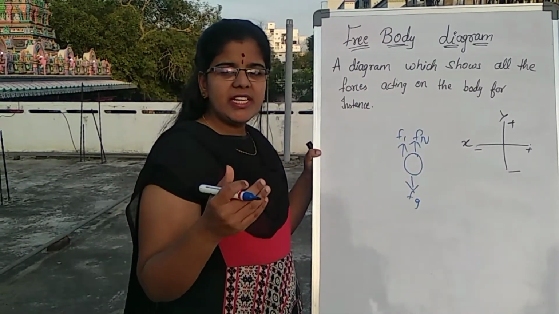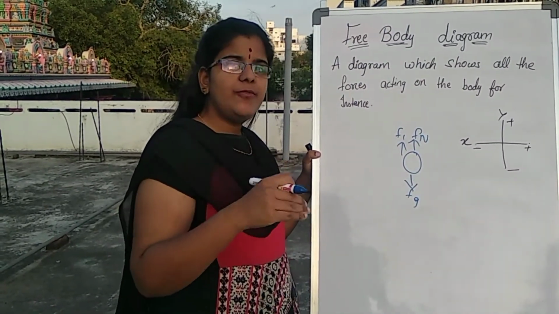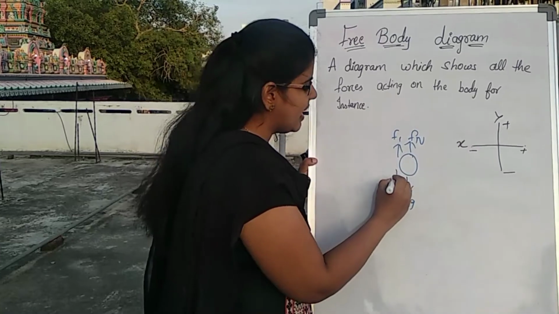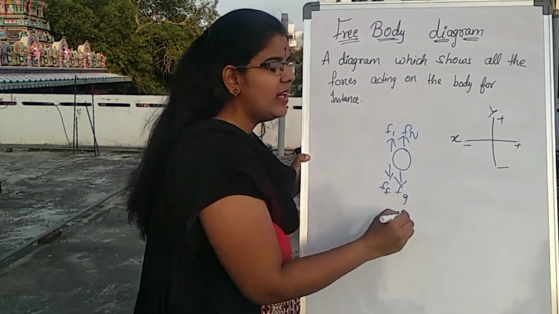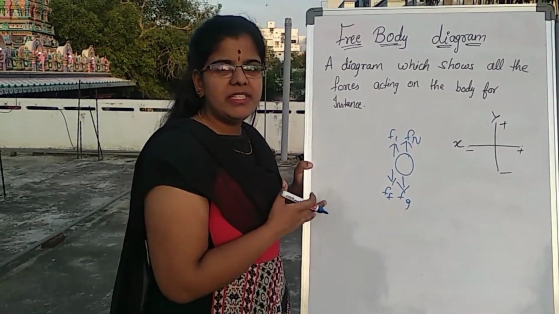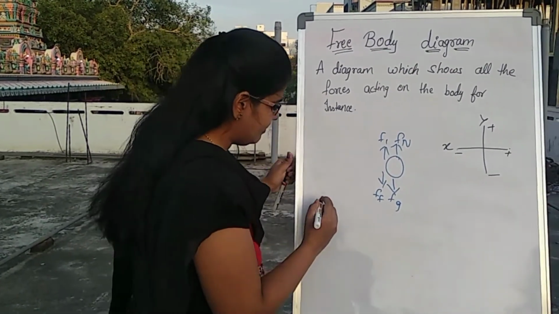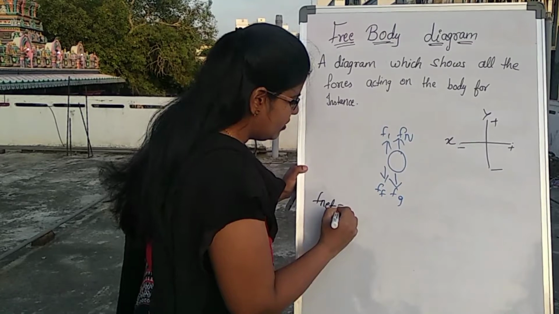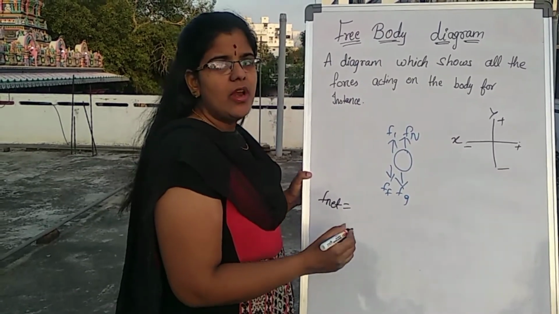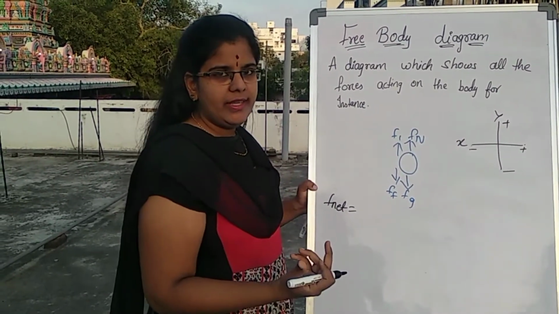Then in which direction does frictional force act? Frictional force will be acting in the opposite direction, that is in a downward direction. Then how to represent it? You can represent the F net as, F net is equal to, now what you will take plus and what you will take minus?